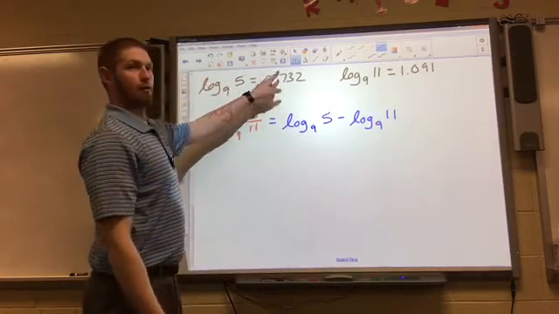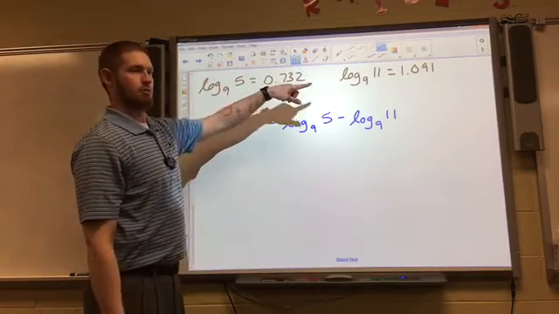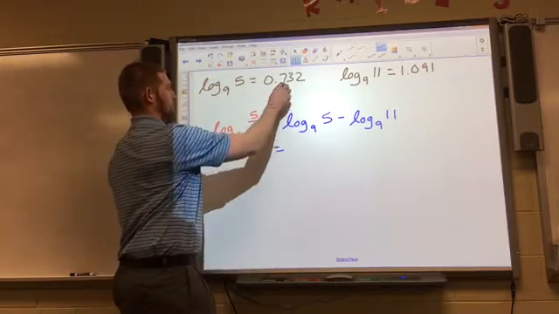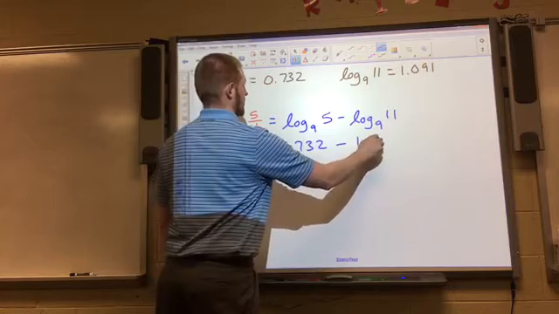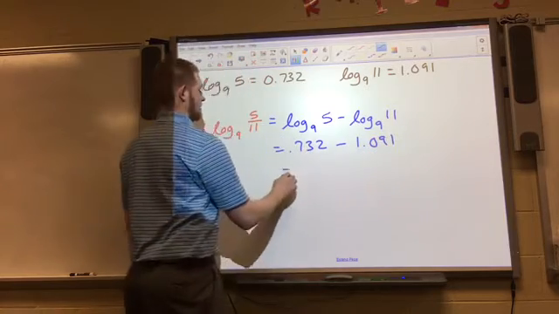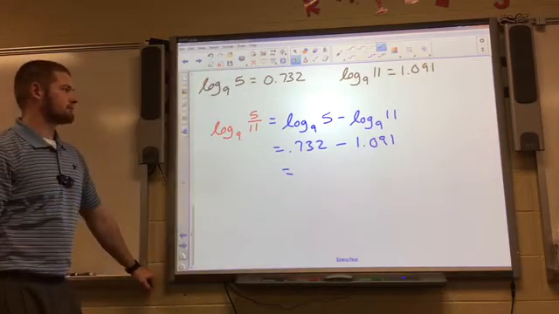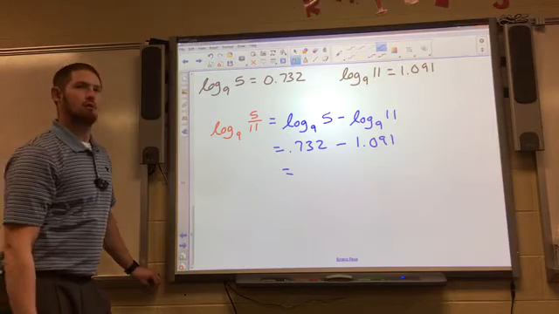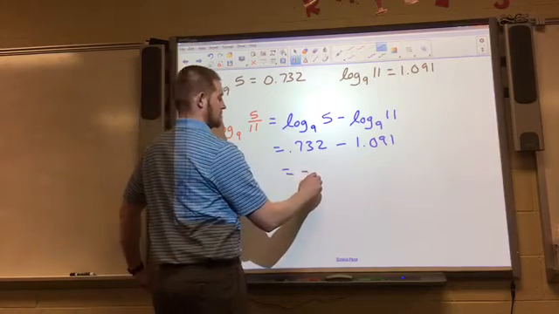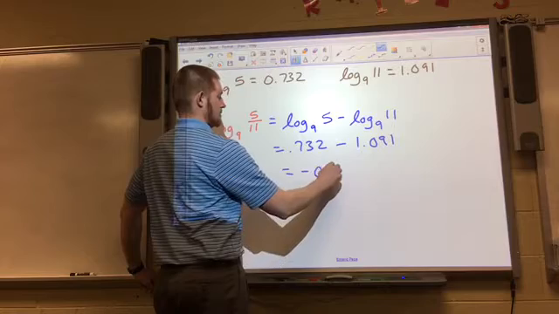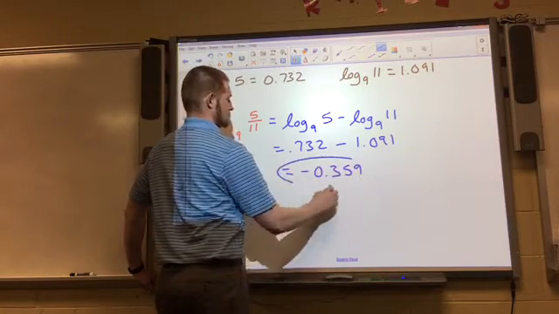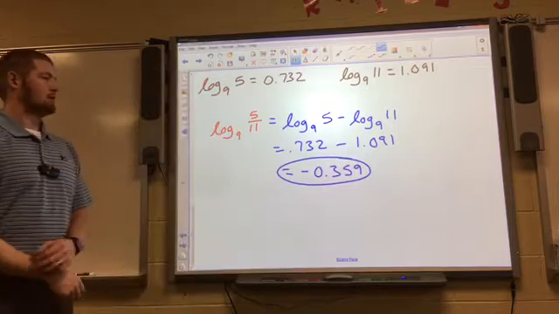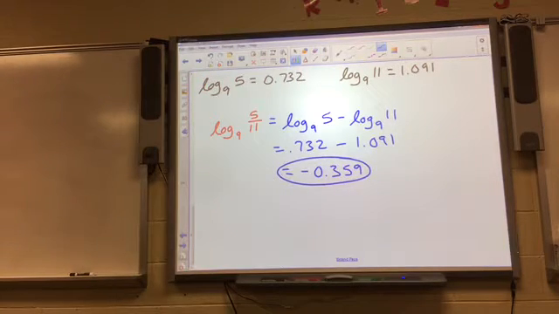Well, we know what these equal, so we can plug it straight into our calculator. 0.732 minus 1.091. And what do I get? Again, it's not something you could have come up with if you didn't know those top two logarithms, right?